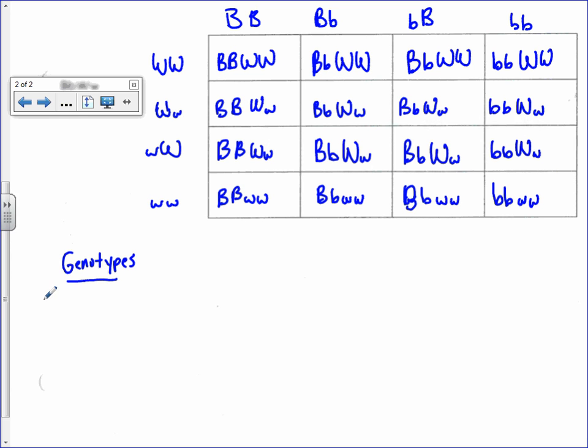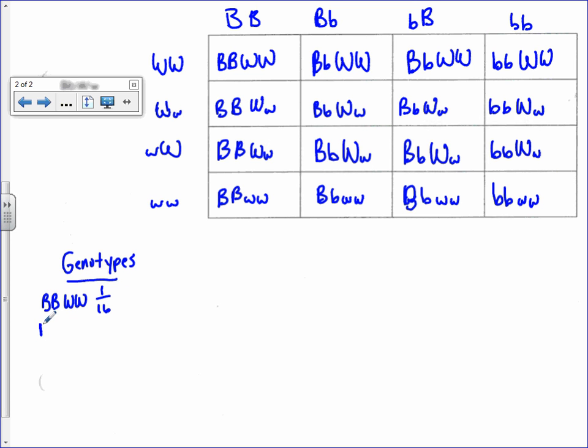Now remember, the genotypes are these gene combinations. So we'll start with homozygous dominant for both color and texture. And if we look up at the Punnett square, we only have one of those. So that's going to be 1 out of 16.